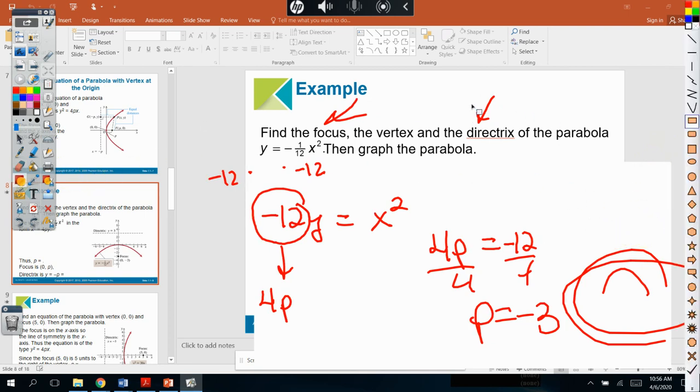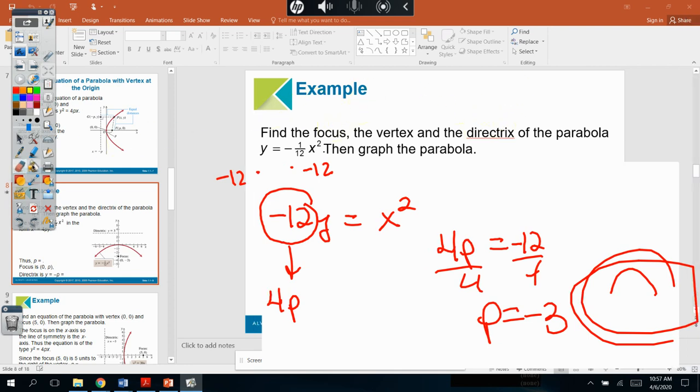There will be parentheses and stuff next week, which makes things more complicated. But since p is negative and there are no parentheses anywhere, the vertex is at 0, 0. I'm going to count 3 away, and that's my focus because the focus is always inside the parabola. Then I count 3 the other way, and that will be my directrix. So my directrix is y equals 3. My focus is 0, -3.